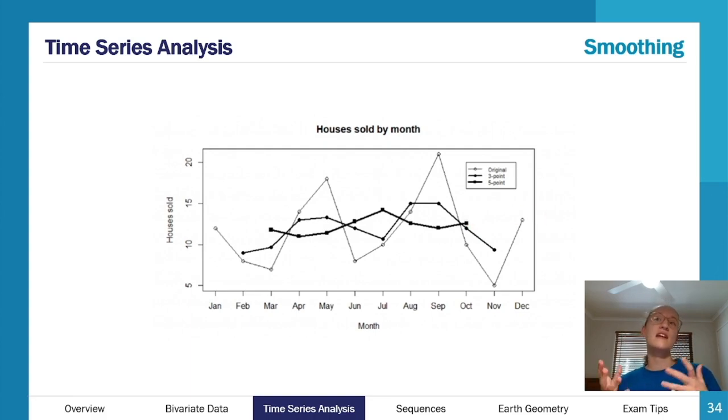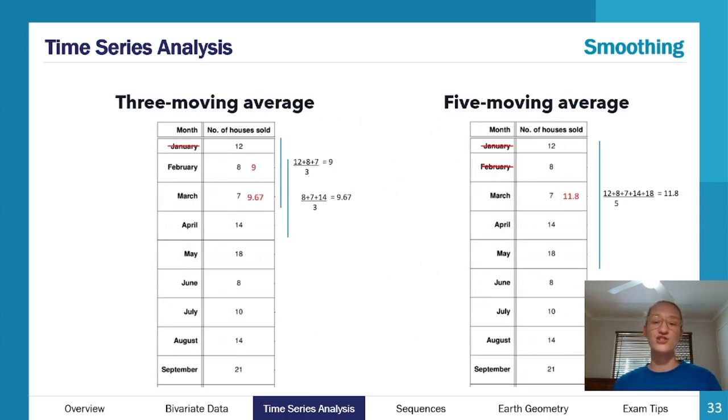But that's just mainly to get you thinking in the groove of, okay, now that I've done my smoothing, we're going to look again for those trends and patterns. Is there now an increasing or decreasing trend that I couldn't see before because it was obscured by those irregular fluctuations?